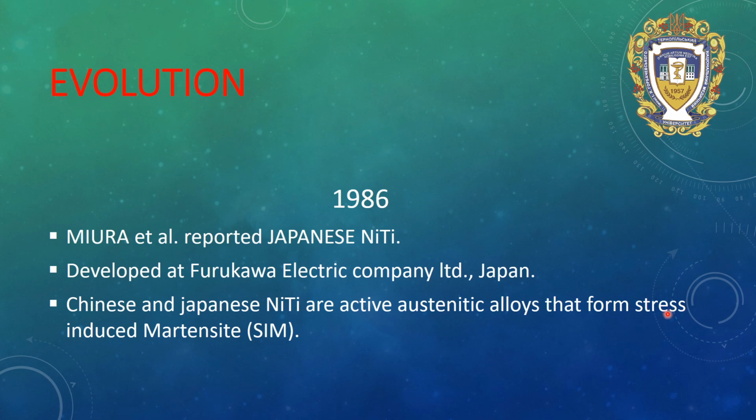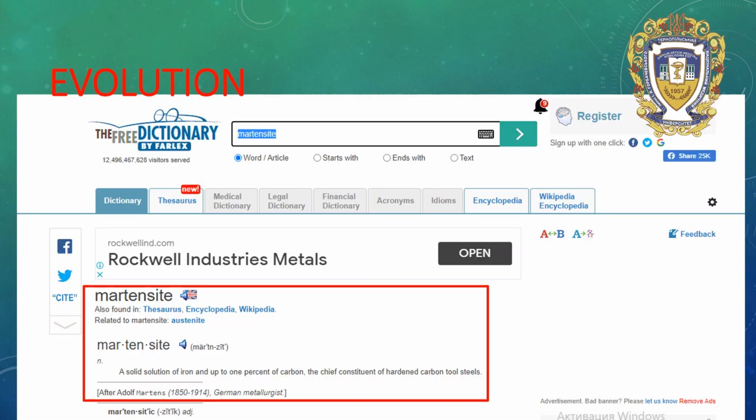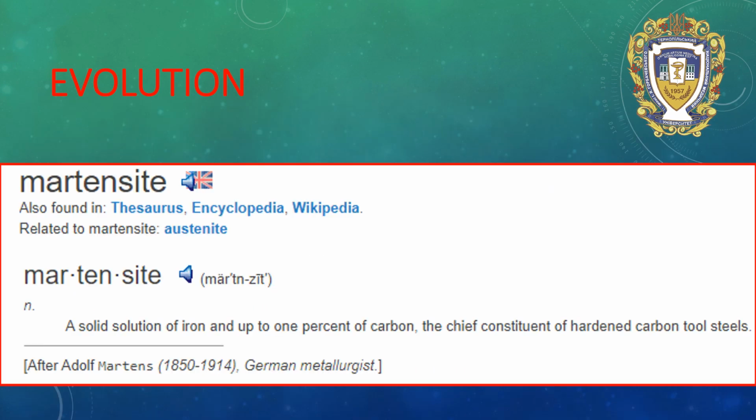Abbreviation: stress-induced martensite, SIM. What does martensite mean? Named after Adolf Martens, German metallurgist.